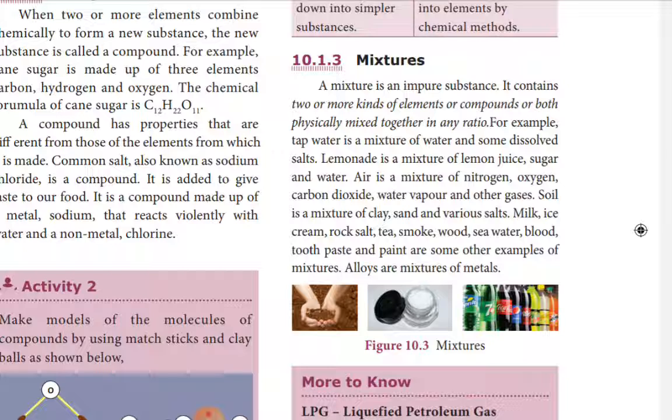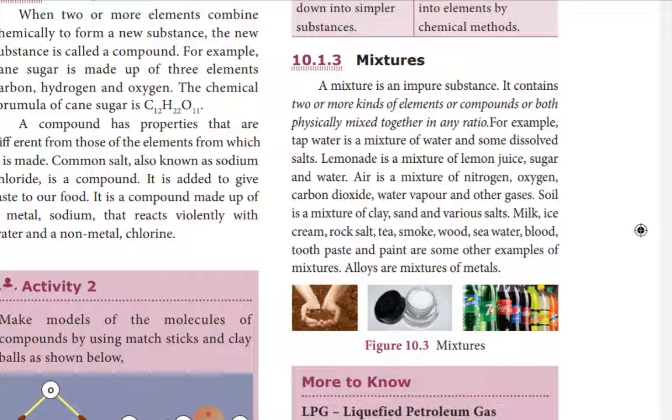A mixture contains two or more kinds of elements or compounds that are physically mixed in any ratio, not in a definite ratio. You have to understand, in the mixture, two or more different kinds of elements or compounds are there, and they are physically mixed in any ratio.